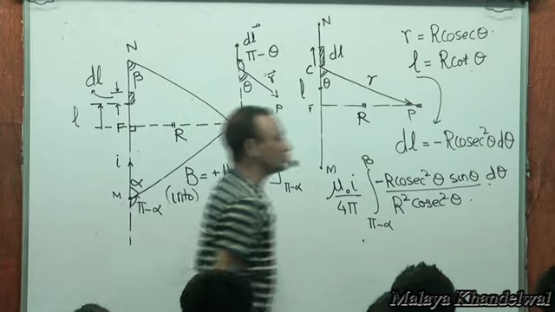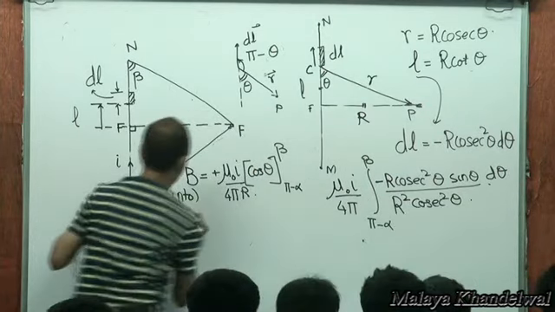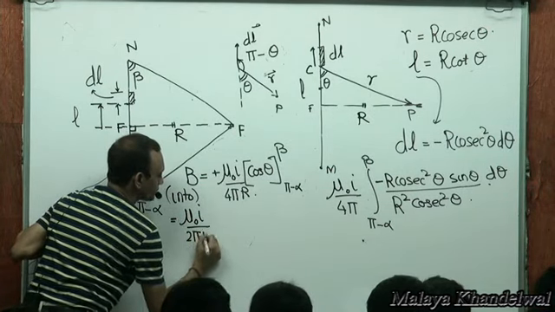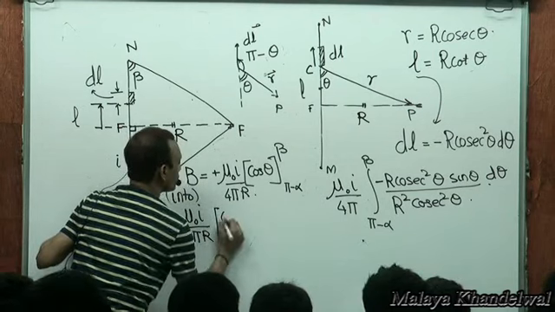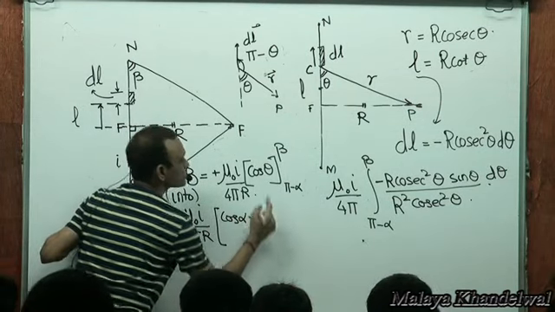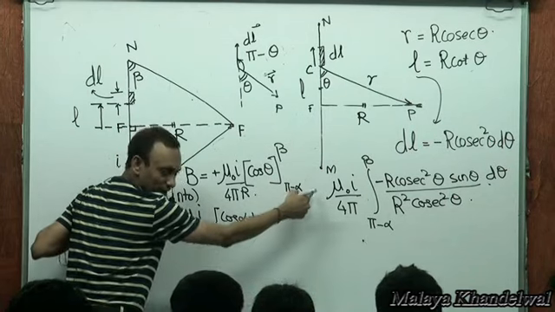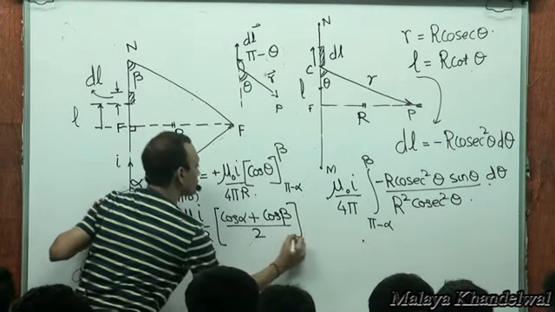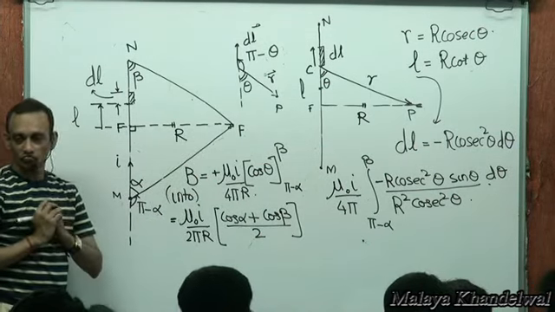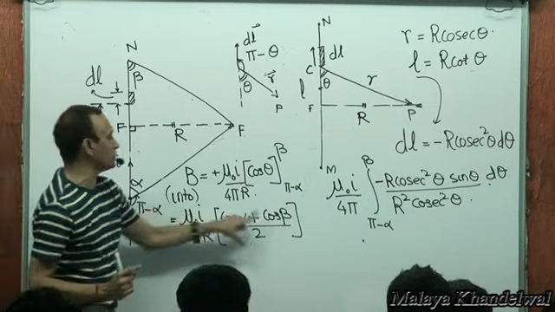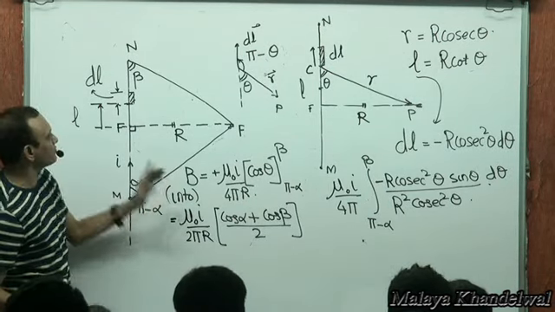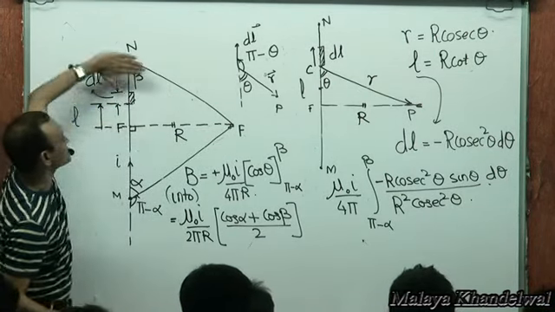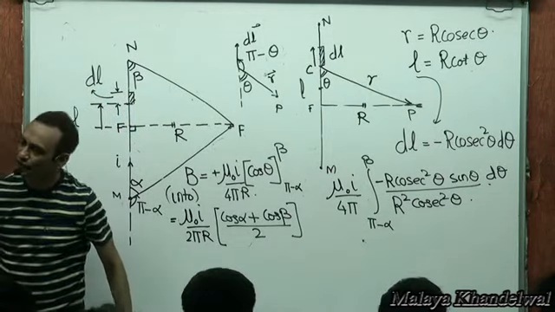Which then turns out to be, as you can very easily see, mu naught I by 2 pi R, cos alpha plus cos beta by 2, since minus cos of pi minus alpha will become plus cos alpha. That's the magnetic field at the point P located by these angles alpha and beta, and this point P being at a distance capital R from this straight current carrying wire.